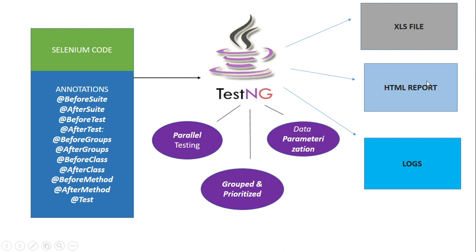Then HTML reports and logs produced by TestNG are one of the most important advantages provided by the TestNG framework. So the main benefit is that we are not passing any additional parameter to the annotation.